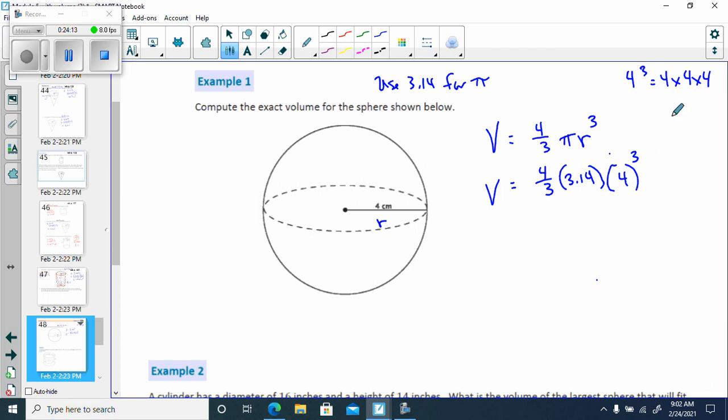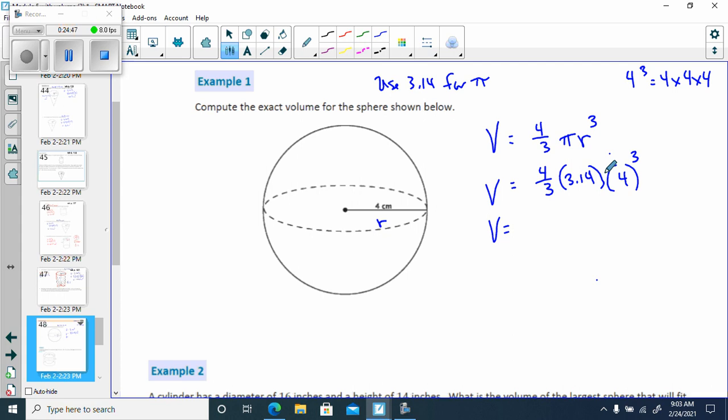So when I come to this and I say 4 times 4 times 4, I know there's ways to do it in your calculators, 4 to the 3rd. If you know how to do that, that's fine. Use your calculator and do 4 to the 3rd. But because of all the different type calculators you may have out there, I am not going to try to explain how to do it on every calculator here, okay? In this case, the way I would put this into the calculator, guys, is I would say 4 divided by 3, or if you can put in 4/3, that's fine too.